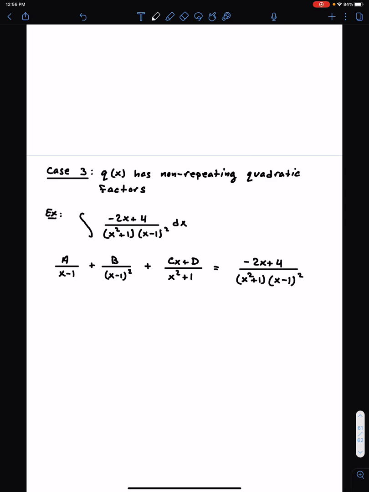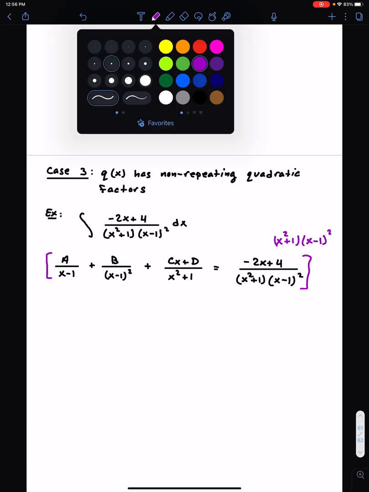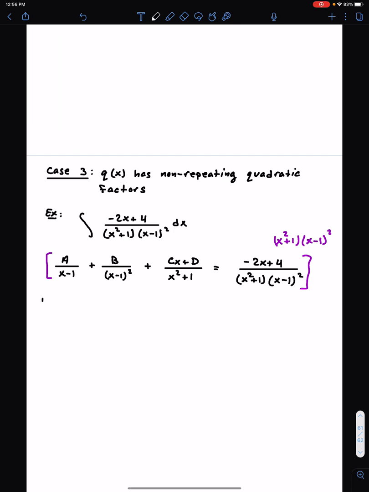If I multiply both sides by the LCD, which is x squared plus 1 times x minus 1 quantity squared, then I'm left with a times x minus 1 times x squared plus 1, plus b times x squared plus 1, plus cx plus d times the quantity x minus 1 squared equals negative 2x plus 4.